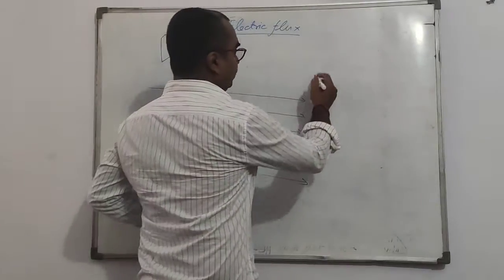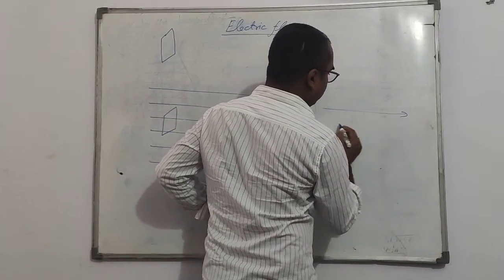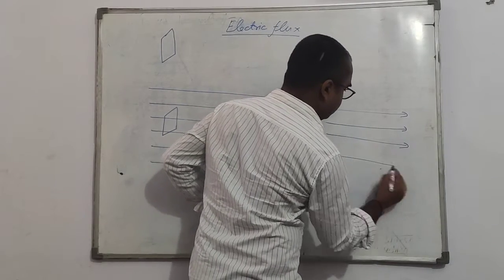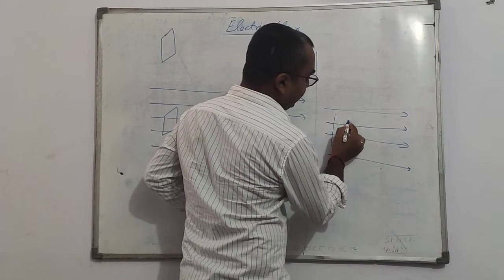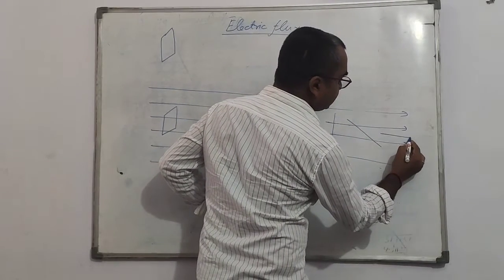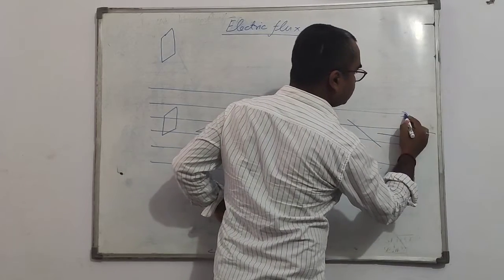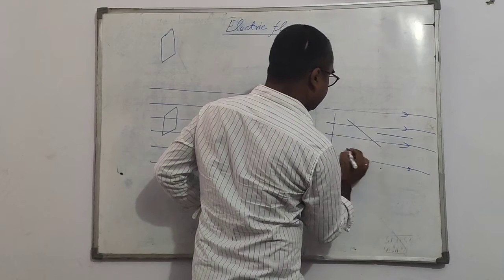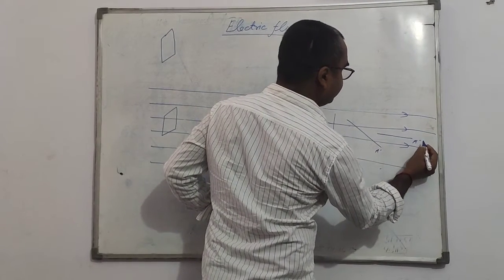If we show this from the front view, this is the area, another area is like that, and another is like that. This is A, this is A dash situation, this is A double dash situation.